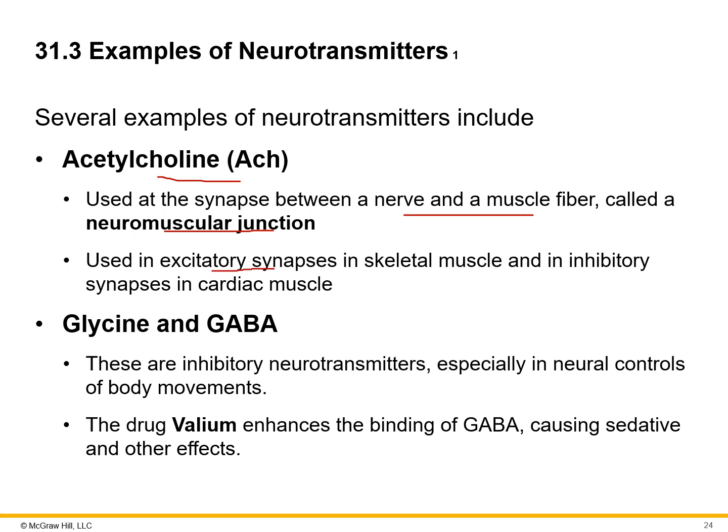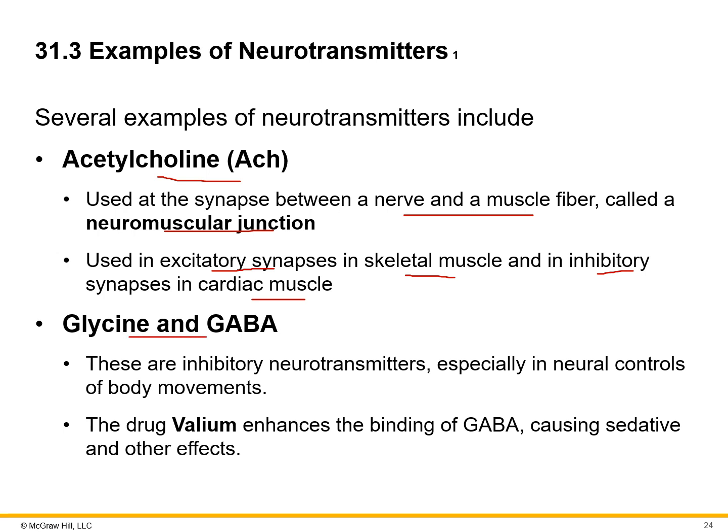So when acetylcholine gets released from the neuron onto the muscle, it causes skeletal muscle to become excited. But at the same time, even though it's the same neurotransmitter, it actually inhibits cardiac muscle. So the same neurotransmitter can have different effects depending on the receptor or the ion channel it binds to. So again, it excites skeletal muscle, it inhibits cardiac muscle.